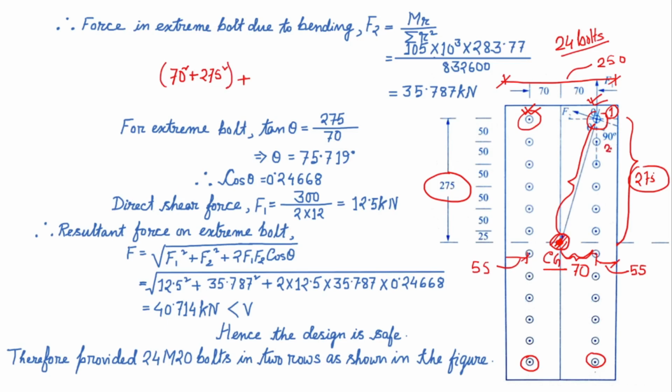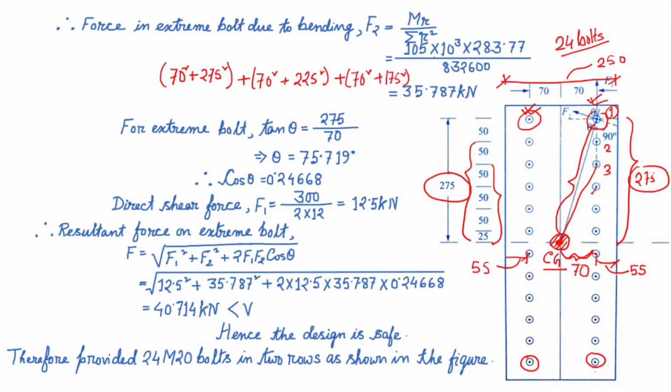Similarly for the second bolt, it is 70 square, horizontal distance 70 square, and the vertical distance is this much, which is 225 square, plus for the third bolt, 70 square, horizontal distance is always same, 70 square plus 175 square.